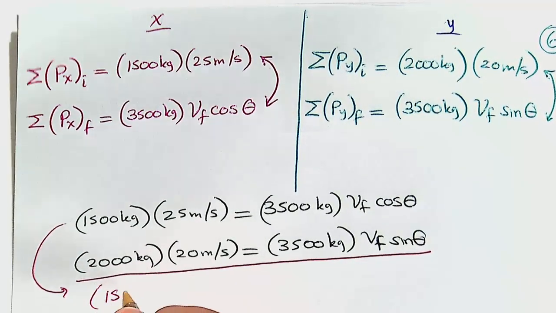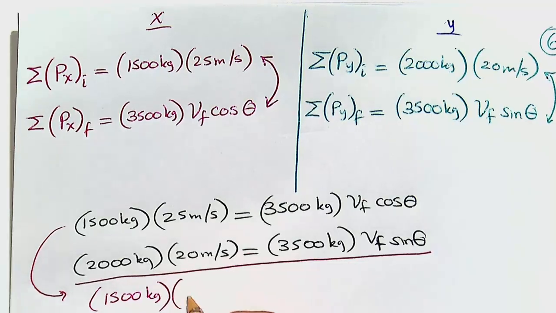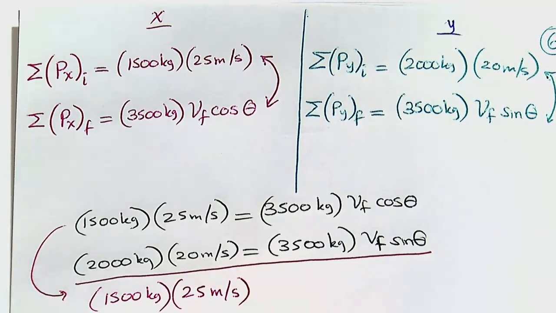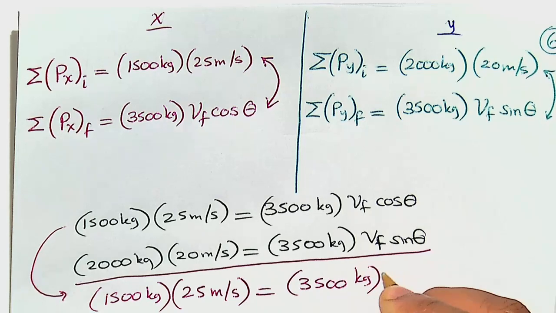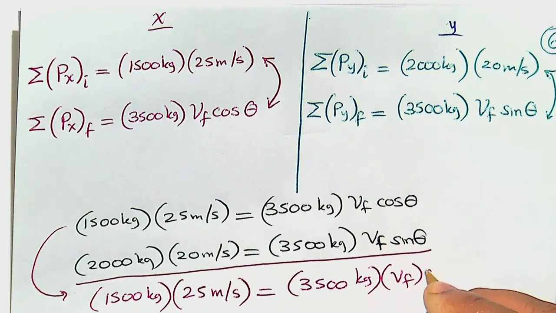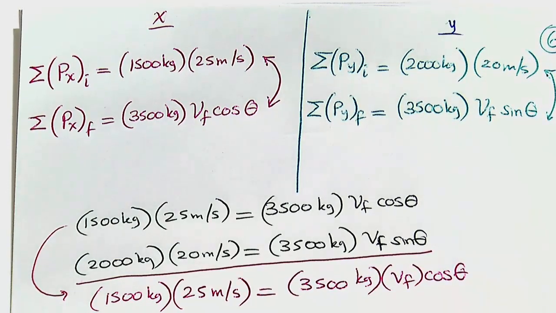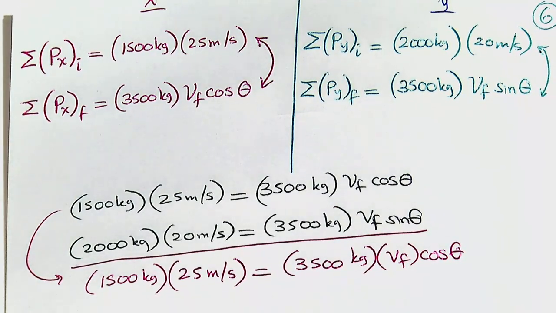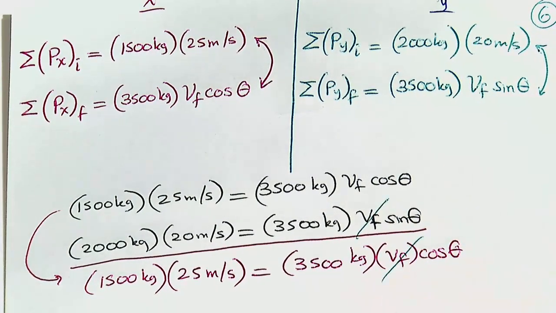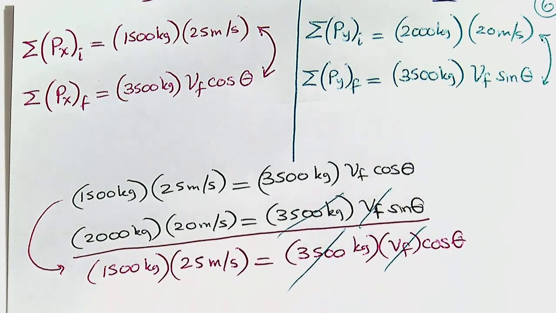So if I put this down here, 1,500 kilograms, 25 meters per second is equal to 3,500 kilograms Vf cosine of theta, right? So then this divided by this, what you'll see is that this cancels, we'll have to work that out.